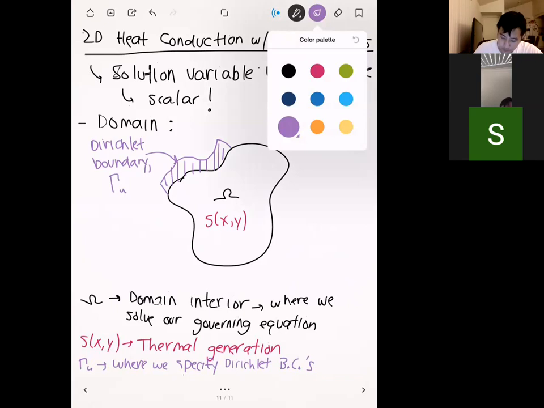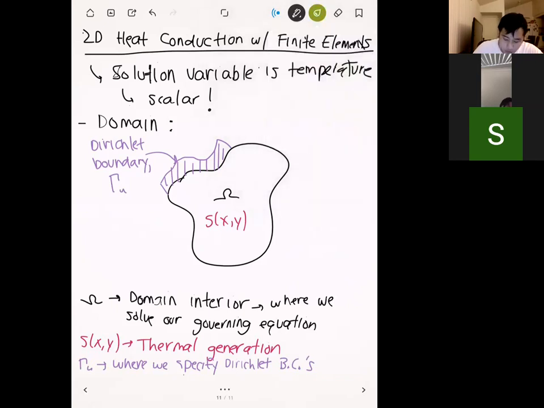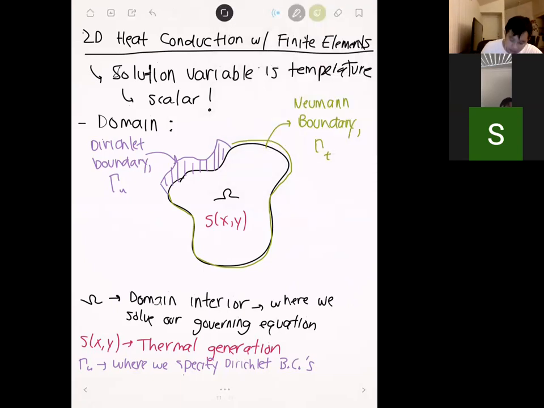And then everything else, all the rest of the boundary, which I'll trace out in green right here, is going to be our Neumann boundary. I'm going to give this a symbol gamma t. And so gamma t, this is the locations where we're going to specify our Neumann boundary conditions.